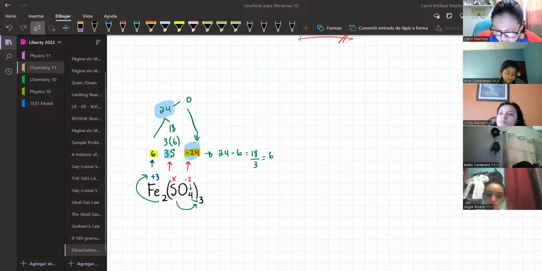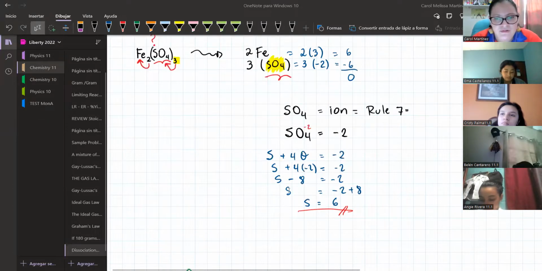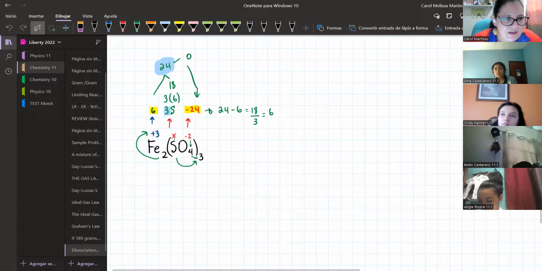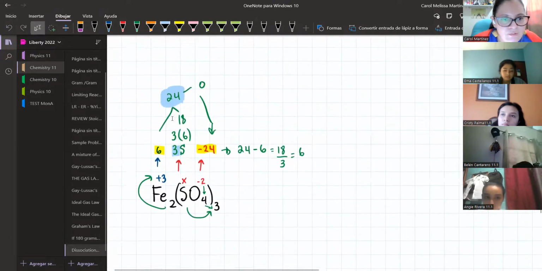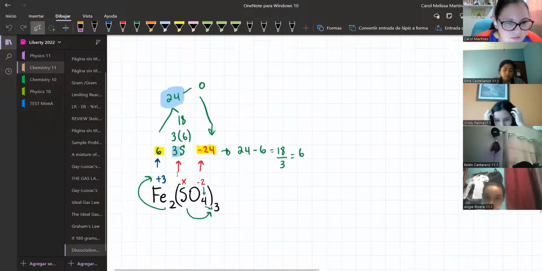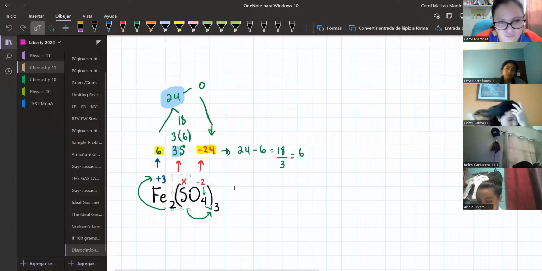This is like the procedure that I do in my mind that I told you. From where do I get these numbers? I mean, this 6, now you know that sulfur is 6, but imagine that you don't know that sulfur is 6. You have to get it. From where do you get it? Okay, this is one method, this is another method, okay? So in this moment, you don't know what sulfur is.